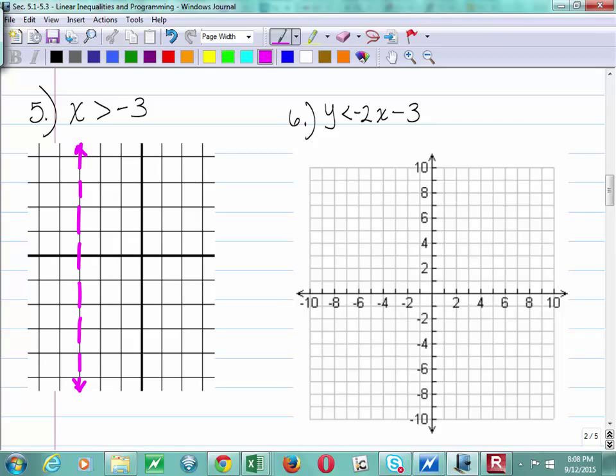And this is the only time when the above or below doesn't really apply, but since it's a vertical line, we know greater than, as far as x values, is going to be to the right. So we're going to shade to the right of this vertical line.